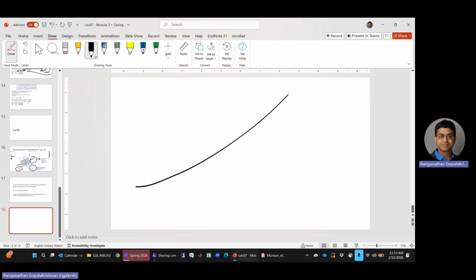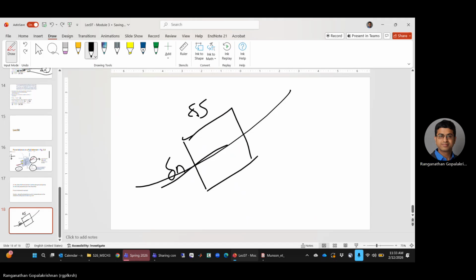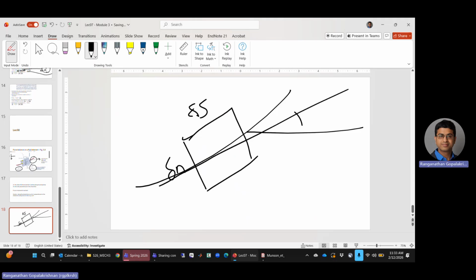Let's say this is my streamline and I have my fluid element. This is delta S. This is delta N. And this angle is theta. I want you to draw the pressure distribution on this fluid element. This is a good question for the classroom part. Everybody has a sheet.